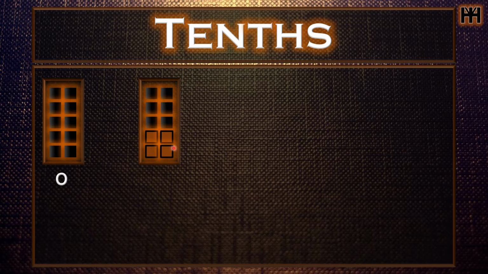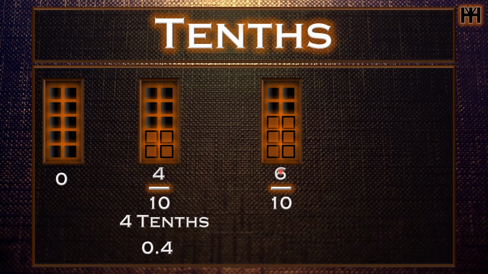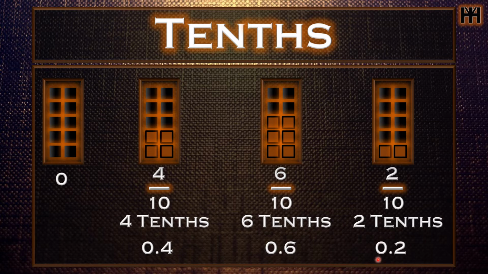If we took 4, then we have 4 out of 10, 4 over 10. We have 4 tenths, or we have 0.4. Let's see, we take 6 out of 10, so it's 6 over 10, or 6 tenths, or 0.6. If we only took 2, so it's 2 over 10, or 2 tenths, or 0.2.